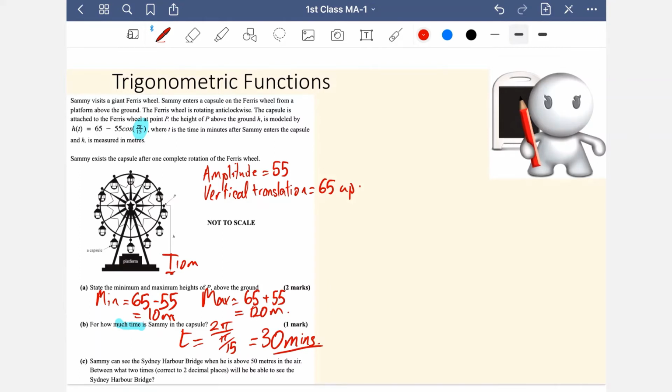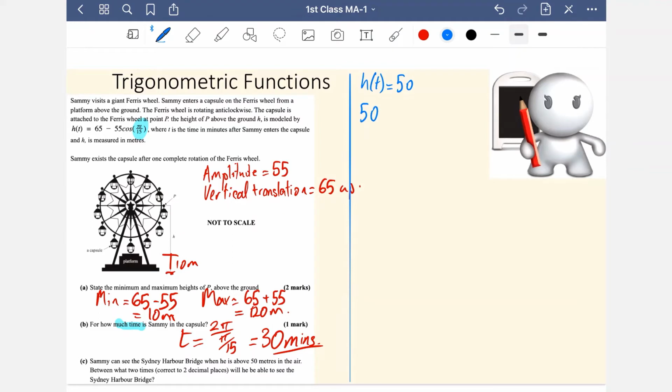Okay, Sammy can see the harbour bridge when he is 50 meters above in the air. So we're going to substitute 50 into this formula.